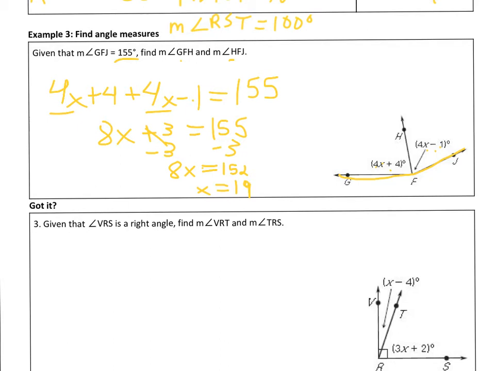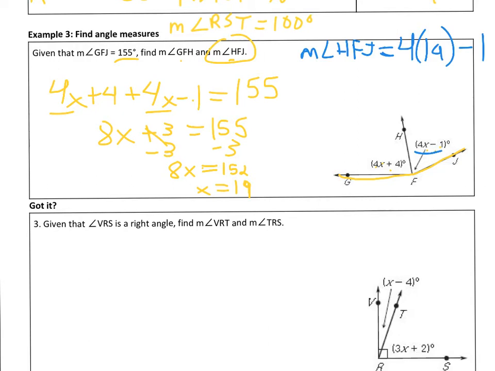Now, I did not find what I was asking for in the beginning. I'm asking to find the measure of HFJ. So I'll do a different color for that. The measure of HFJ is 4x minus 1. I know that x is 19, so all I have to do is substitute 19 in that expression for x.